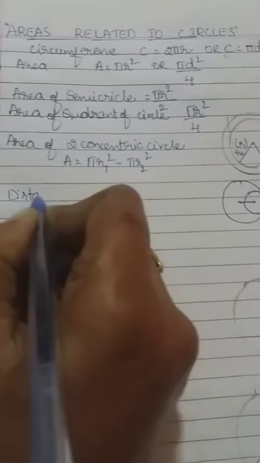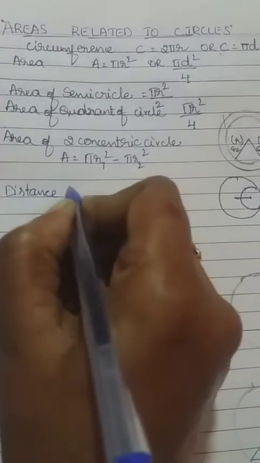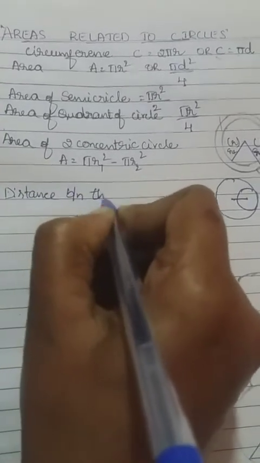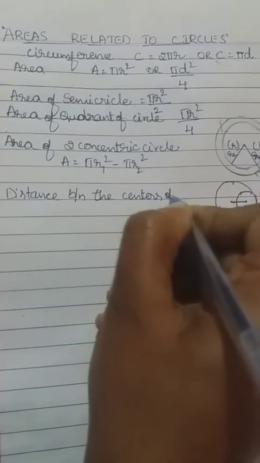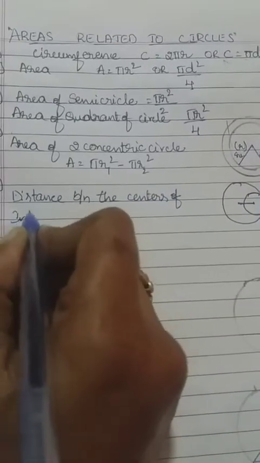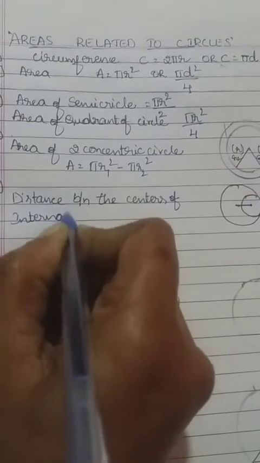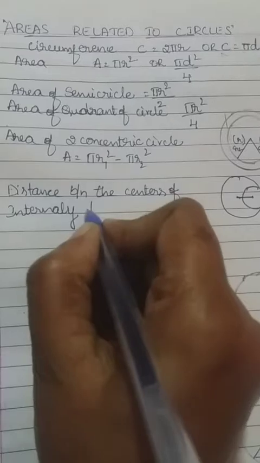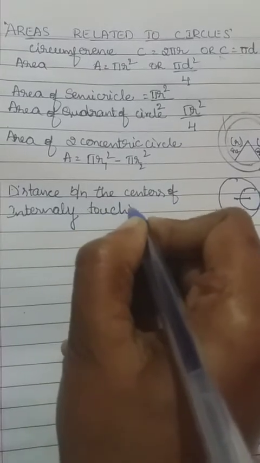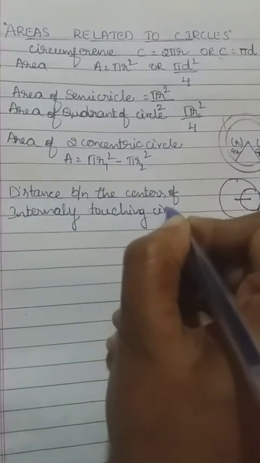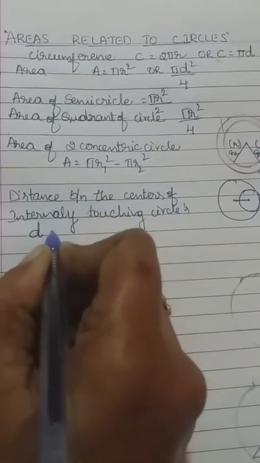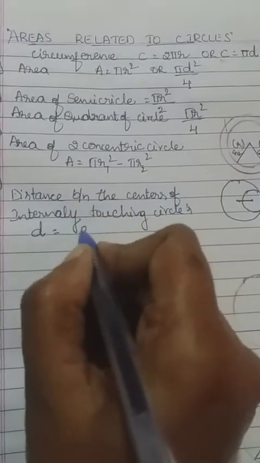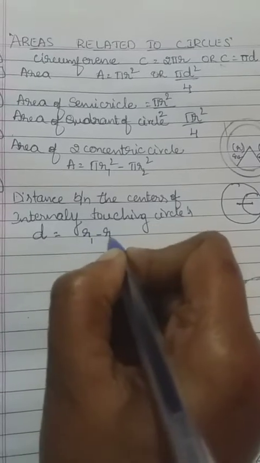So the distance between the centers of internally touching circles, internally in the sense touching inside the circle, is, so we can take the distance as d, so d equal to r1 minus r2.